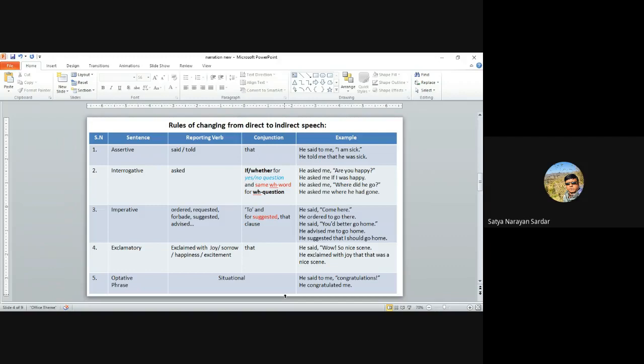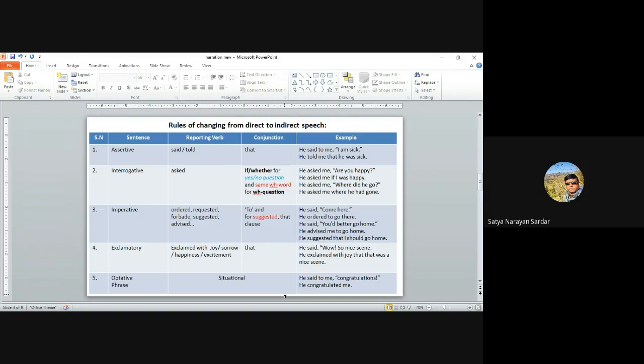Number 3, imperative sentence. The sentence that starts from verb 1, please, would you, could you, and let. Would you, could you can have question marks, so we should not be confused that it is a question. That is one kind of request.